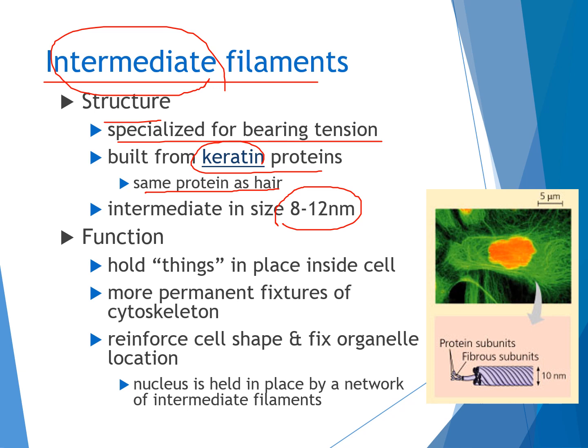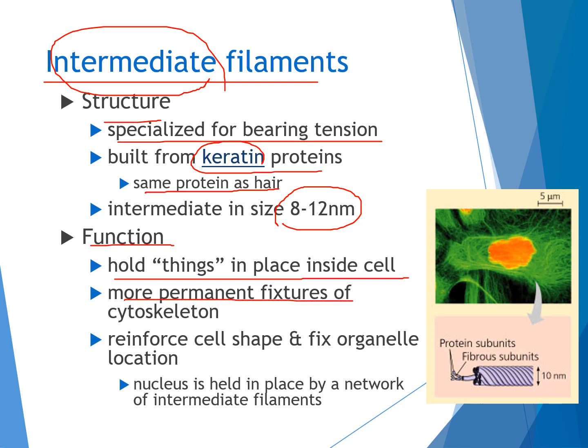Microfilament is the thinnest one, while the intermediate filament is the middle one. The function of this intermediate filament is to hold things in place inside the cells. So that's why they need to be not too big, not too small, but just enough for the cells to hold the organelles in place.